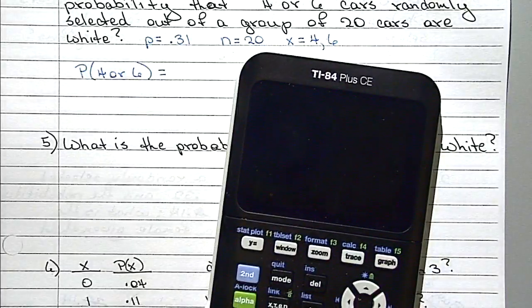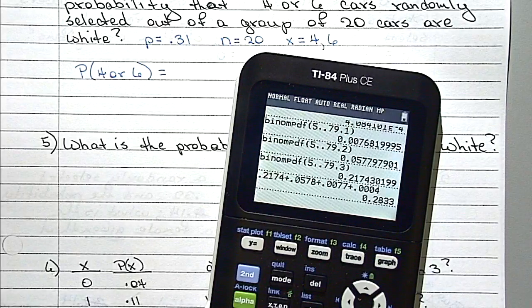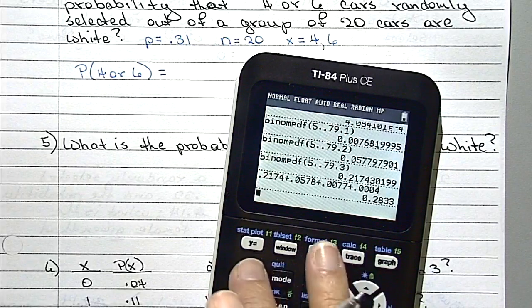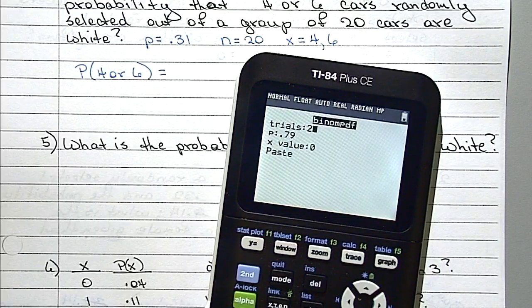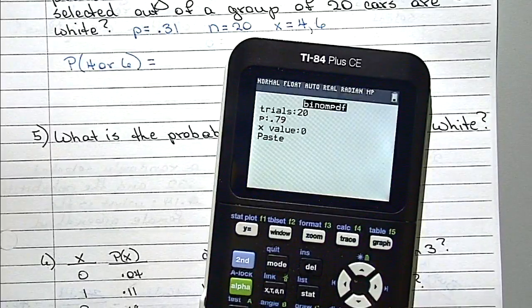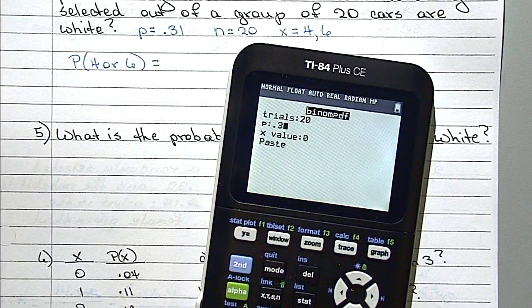However you want to do it, you go to your binomial PDF function, and you say, I've got 20 trials this time, and the probability of success is 0.31, and I want to know about 4 successful, 4 white cars.